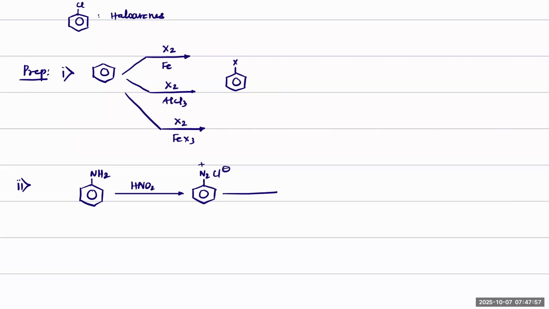And diazonium chloride salts have lots of reactions. Starting with hydrolysis, H2O, heat or warm water, that will convert into OH. Now this type of reaction is called ArSN1. So it is happening via SN1. That means a carbocation forms, then the water will attack. It is an aryl carbocation which is forming.